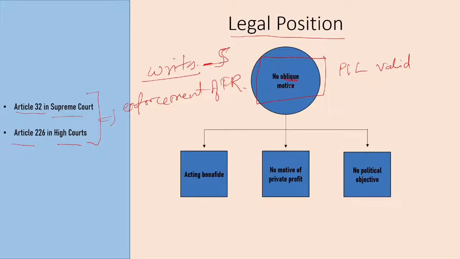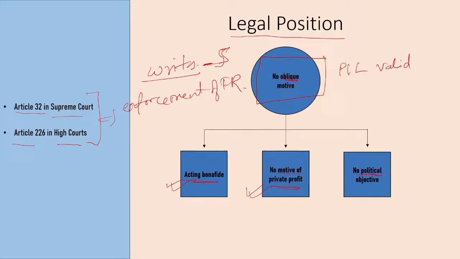What is oblique motive? Oblique motive is that it shouldn't have any vested interest, like it is saying one thing and it is doing another. PIL should be filed to ensure that public interest is upheld. The private party should be acting bona fide. The private party should have no private motive, that is, it should be in public good.